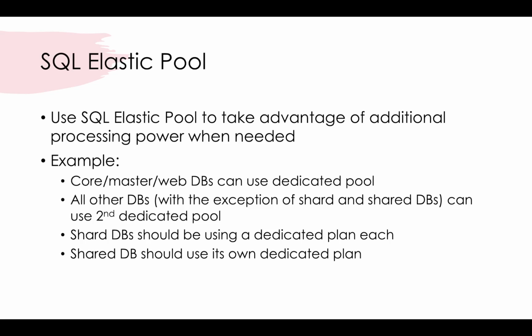Shard databases, on the other hand, should be using a dedicated plan each. This is because shard databases tend to grow to be very large. We're talking terabytes large. Shared database should also use its own dedicated plan.